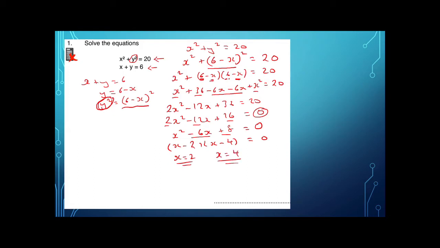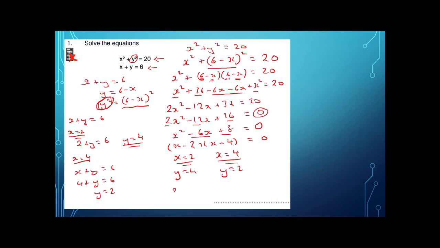Okay, so using the x plus y is equal to 6, when x equals 2, 2 plus y is equal to 6, so y must equal 4. And when x is equal to 4, 4 plus y is equal to 6, so y must equal 2.